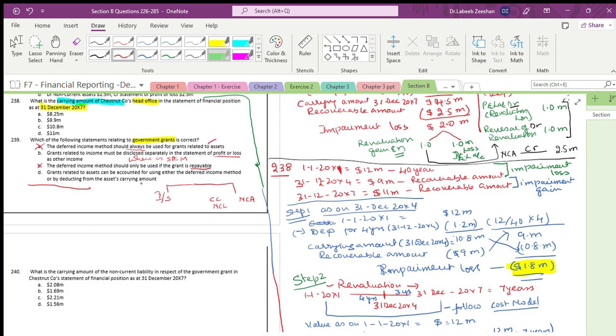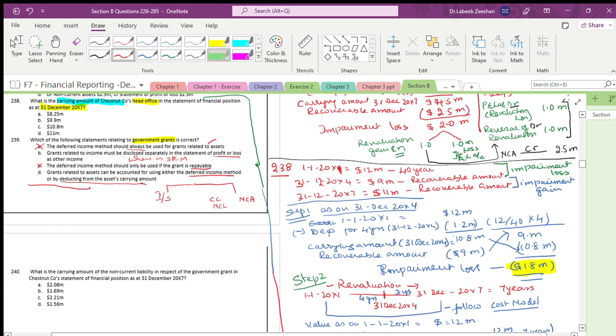A grant related to assets can be accounted for using either method. You have the option. Either the deferred income method or deducting it from the carrying amount of the asset. See, accounting always gives you options: methods, assumptions.